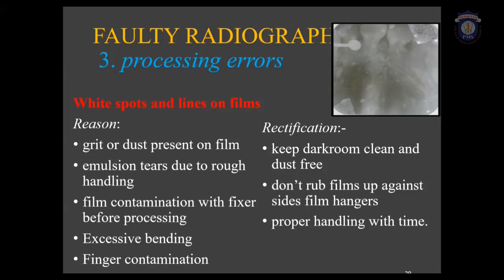So to avoid all this, we need to ensure that the darkroom is clean and dust-free. The films do not rub against each other or against the sides in the hanger, and proper handling time, that is the proper developing and fixing time.